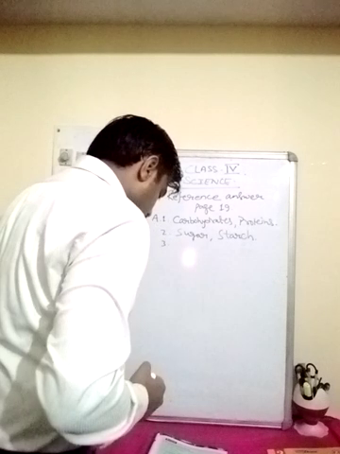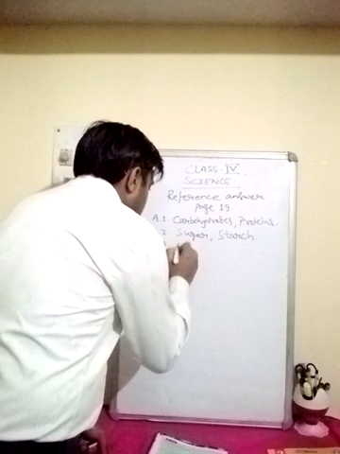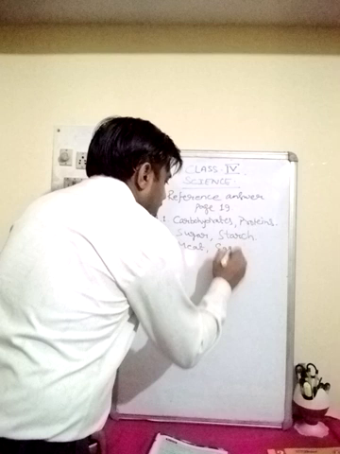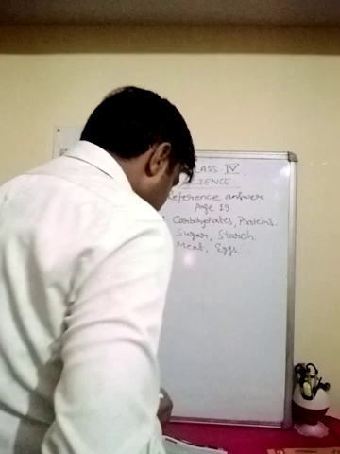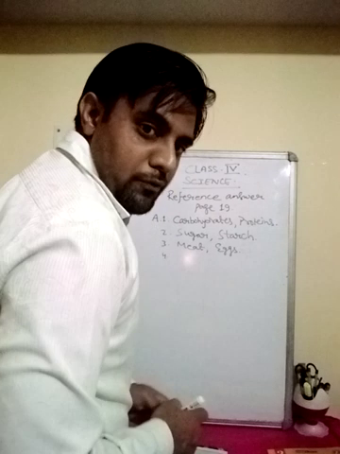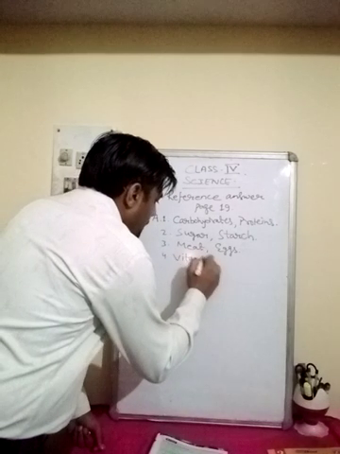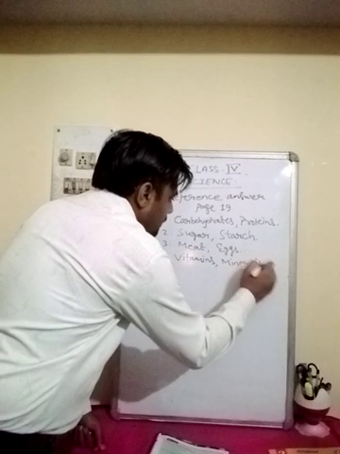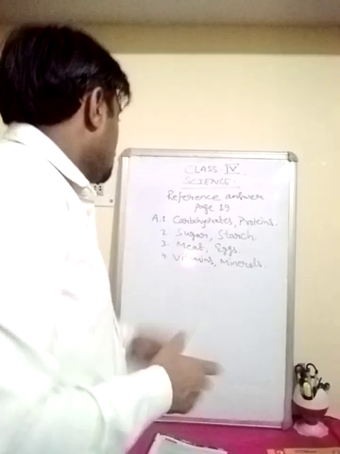Number three, bodybuilding food: meat, eggs. Number four, main nutrients in protective food: vitamins and minerals. Okay, so these are your answers for question A.